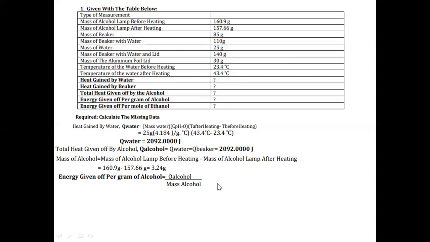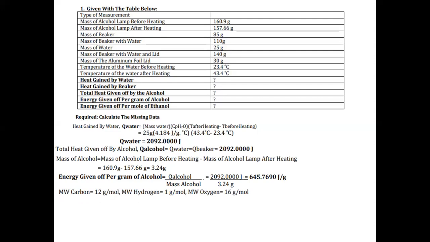So Q alcohol over mass of alcohol gives us 2092 joules over 3.24 grams, which is 645.77 joules per gram.